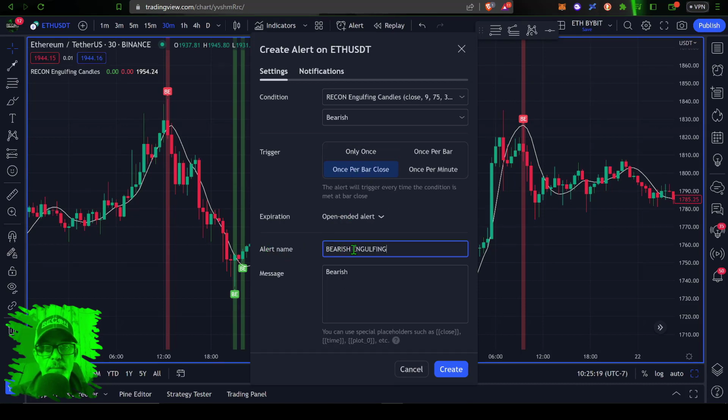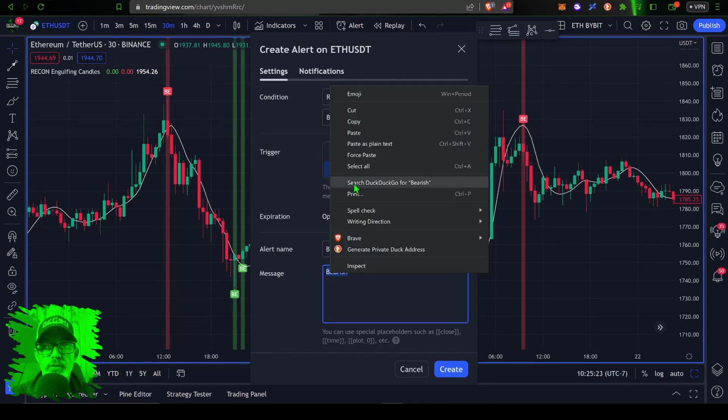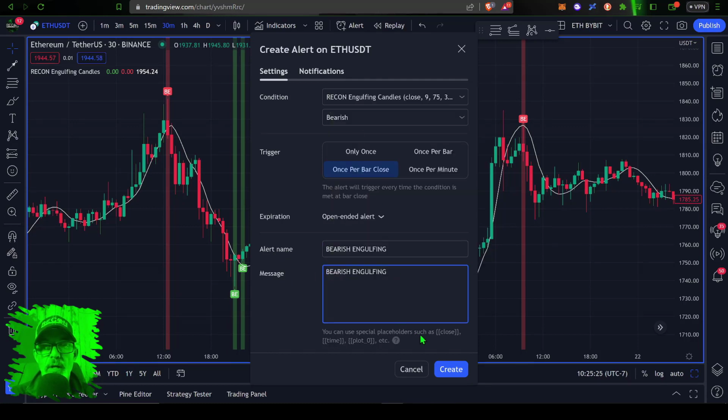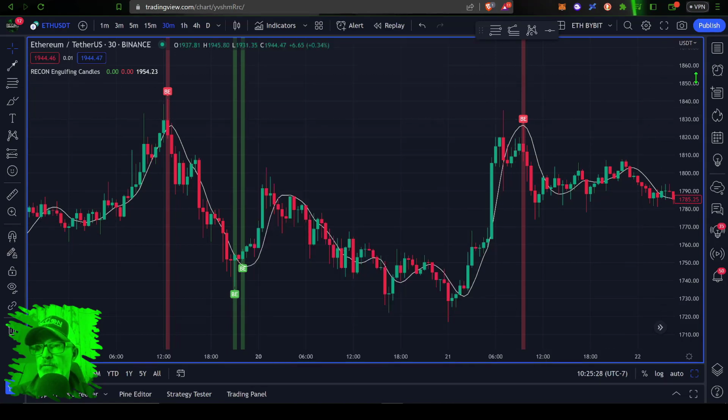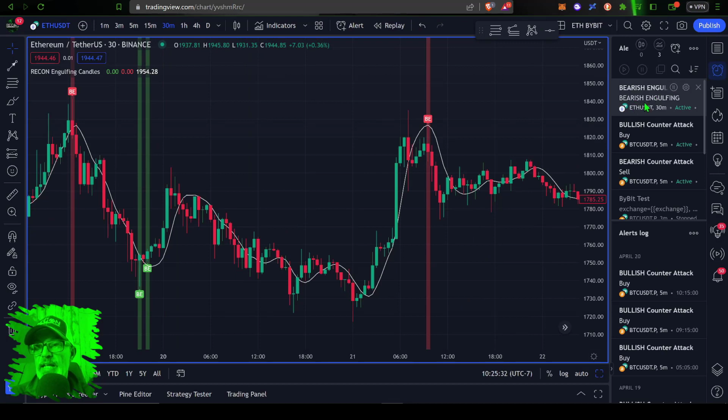In this case, we'll name it bearish engulfing. The message, I can just paste in bearish engulfing down here and click create. And if I come over to the little alarm clock over here, you can see I now have the bearish engulfing alert active, and anytime one of these bearish engulfing candles prints on the chart, I will get an alert.